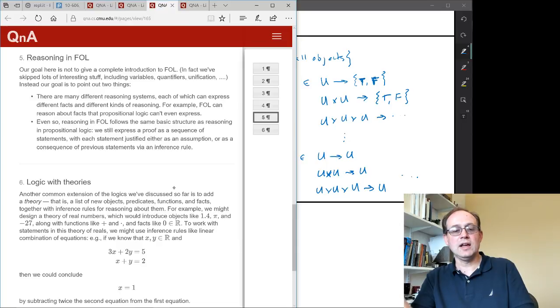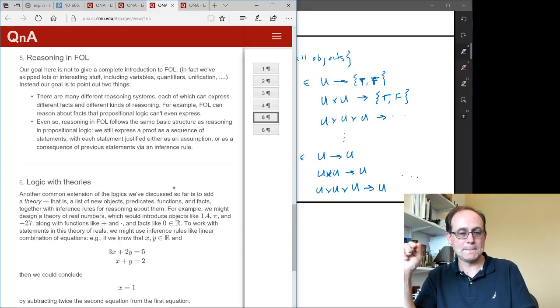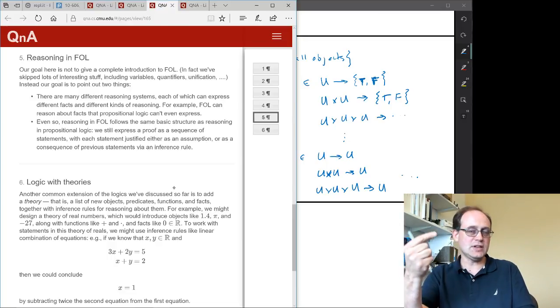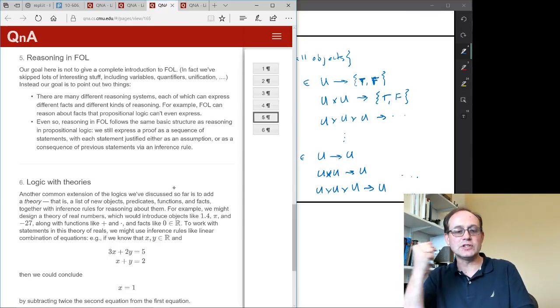In particular, a proof in first-order logic will always start from a set of assumptions, and it will proceed to introduce new statements and justify those statements in terms of previously proven statements, including our assumptions. And every time, the justification is either an assumption or an inference rule.